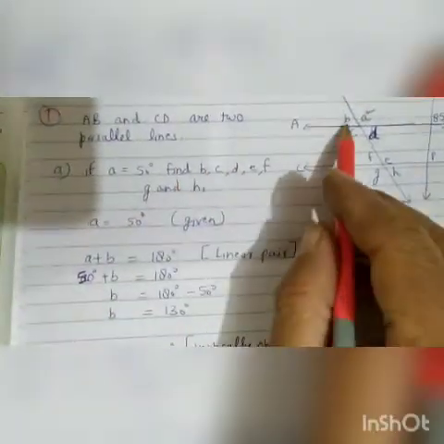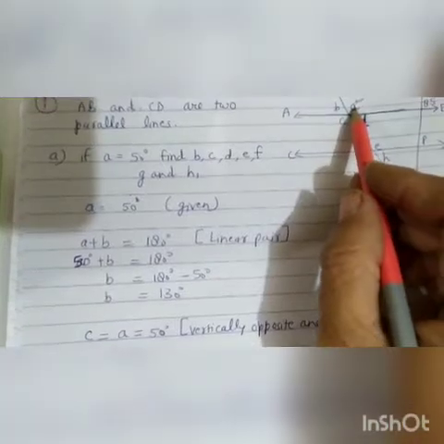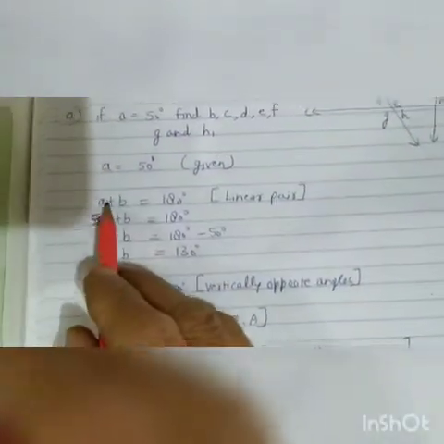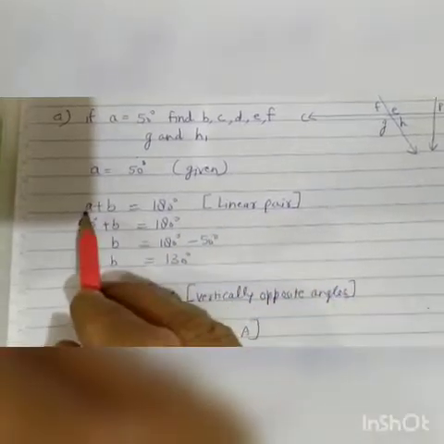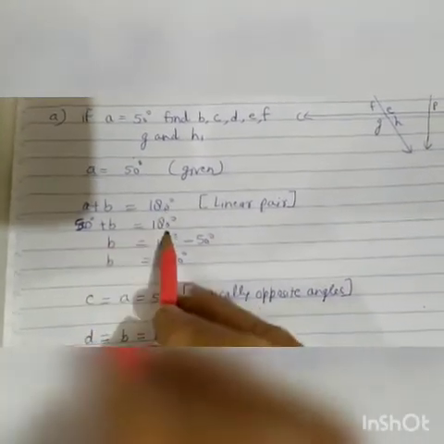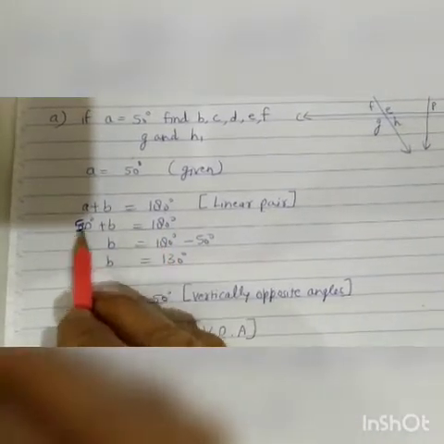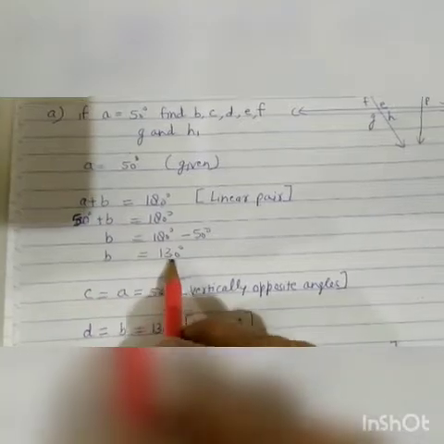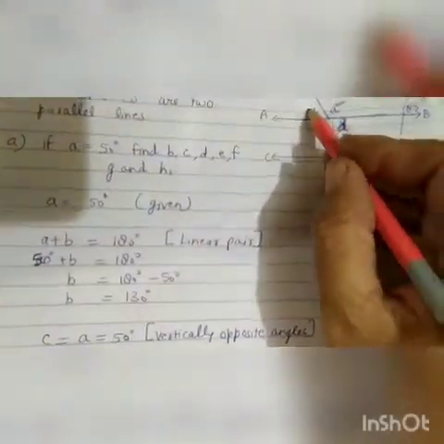So A is equal to 50 degrees. We can write A plus B equal to 180 degrees. Why? Linear pair. A is 50 degrees plus B equal to 180 degrees. Then B is equal to 180 minus 50. B is equal to 130 degrees. We have found B.